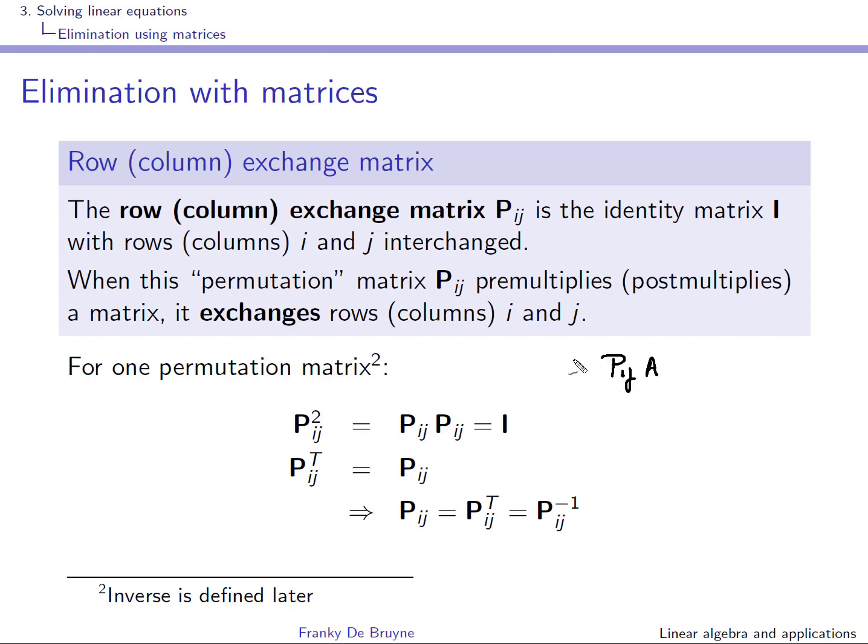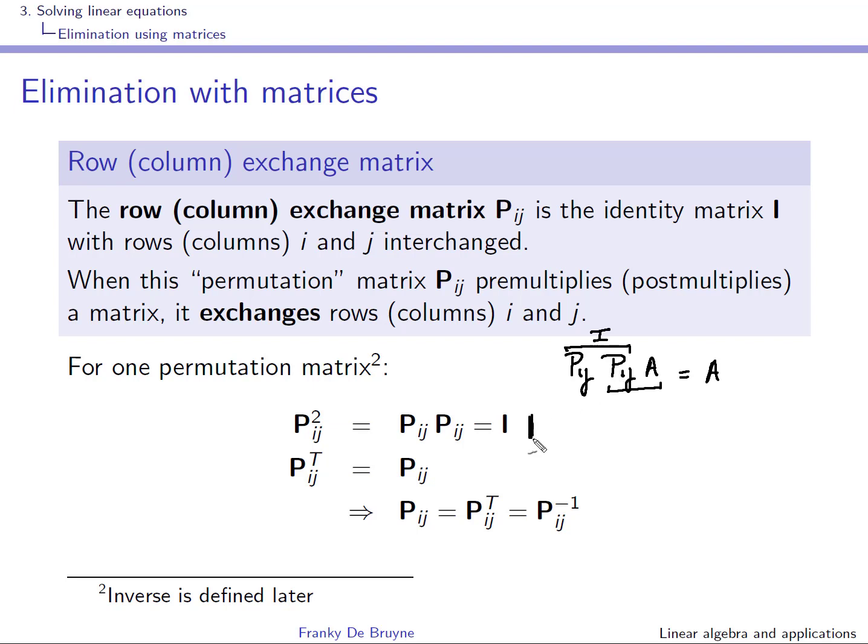Okay, so suppose now that you pre-multiply this by Pij again, this matrix will be the matrix A with the rows i and j interchanged. By pre-multiplying, okay, you'll interchange the rows again and you'll end up with the initial situation. So this is equal to A. This means that this matrix here is the identity matrix.